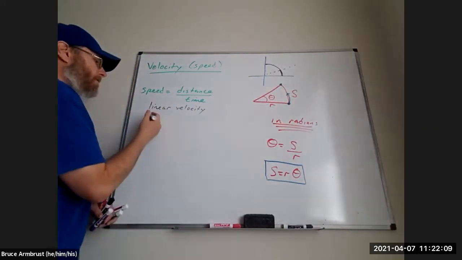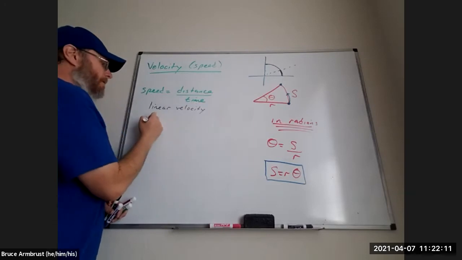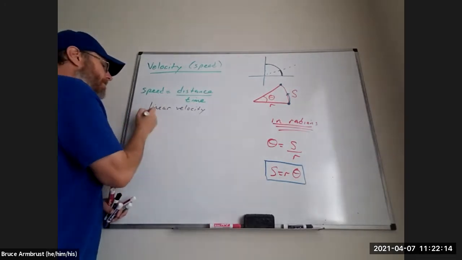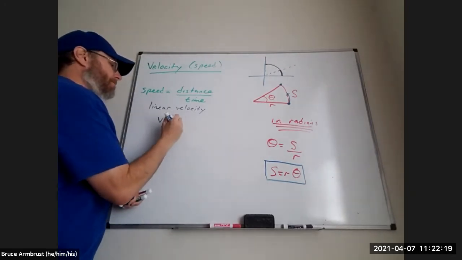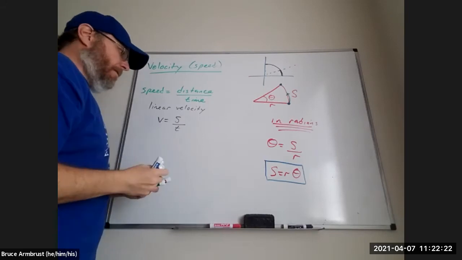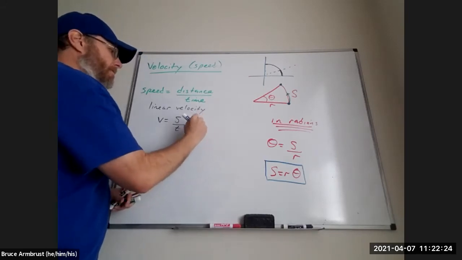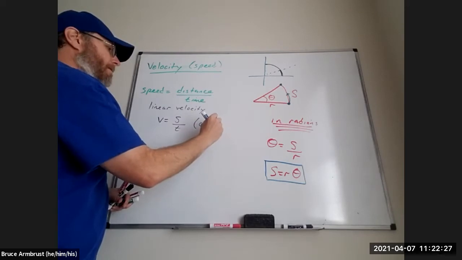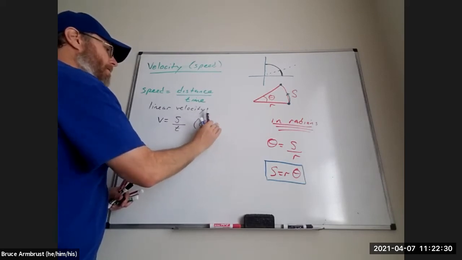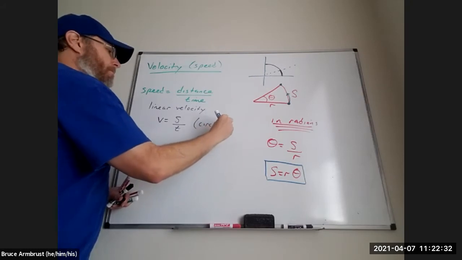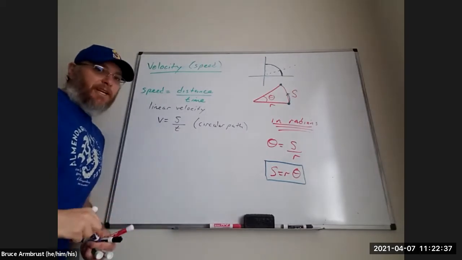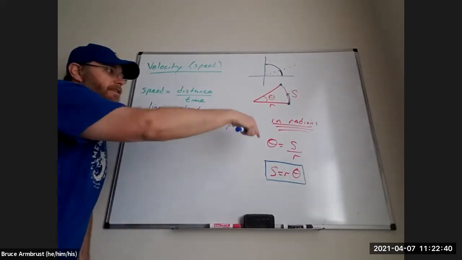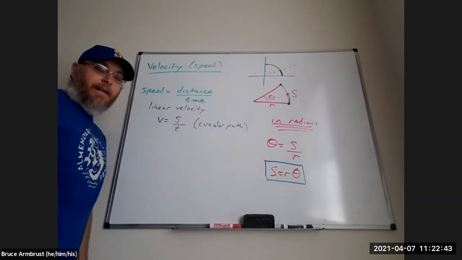So the formula for this on our circle is v equals s divided by t, if we're on a circular path. Pretty easy. You just take how far you went and divide it by how much time it took. That's your linear velocity.